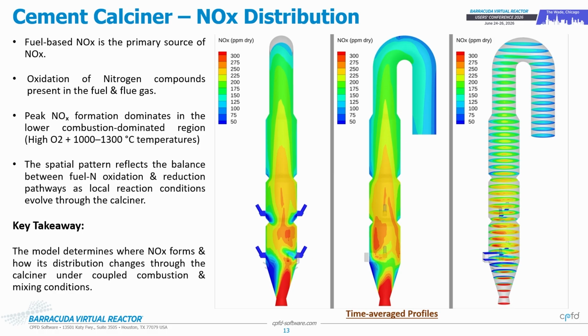So this is consistent with the calcination that we saw in the previous slide, that the NOx is getting reduced at higher elevations. So overall, the key takeaway here is that instead of getting one data point at the outlet, which is usually what the plant data is about, they have one NOx value. Here, the plant operators are able to visualize the spatial distribution of NOx inside the calciner.